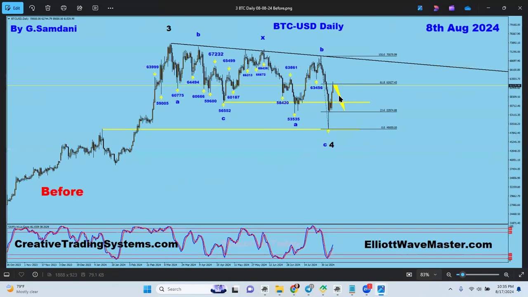Now, I made this chart after that on August 8th, that from 61%, we usually go back to the 23% line, but we have this band here, this low here, 56,552. I said, maybe we're going to bounce from there. If we break below this number, then we can probably drop to the 22% line.